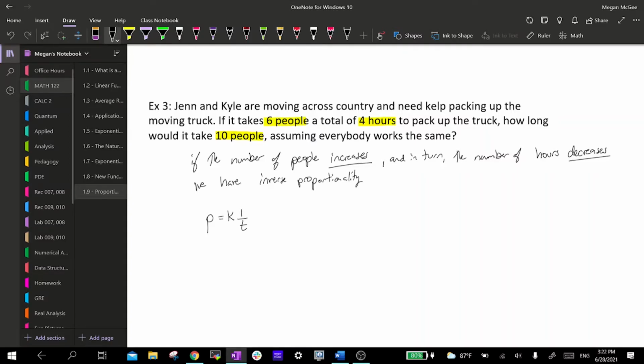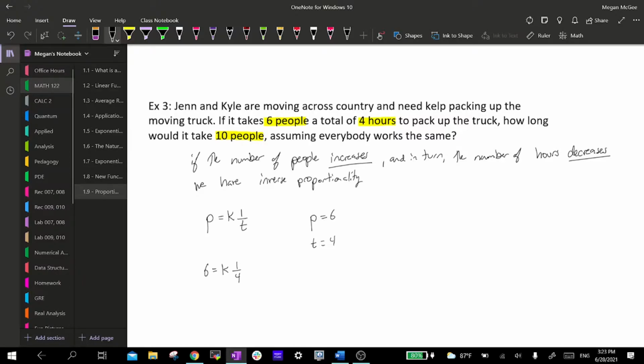We started with a trial run with 6 people, and it took 4 hours, so t is equal to 4 hours. Plugging into our equation, we get 6 is equal to k times 1/4.